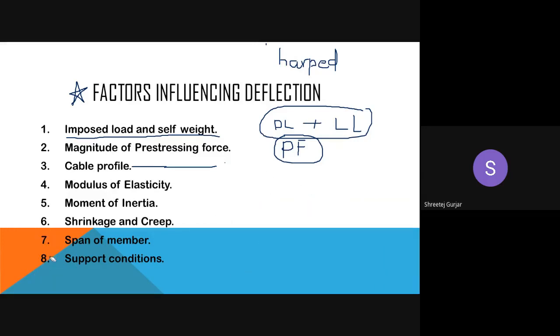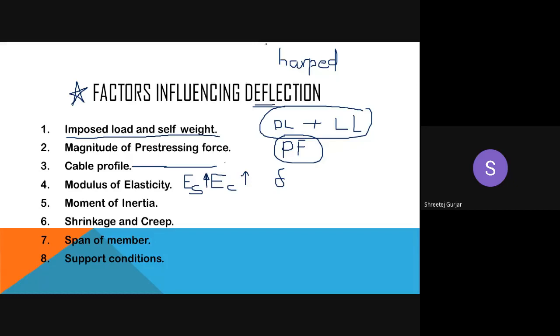So what is the next? Modulus of elasticity, very important. Modulus of elasticity, that is nothing but E. Okay, E of S, that is modulus of elasticity of steel, and modulus of elasticity of concrete. So depending upon that, your deflection will vary. When your modulus of elasticity is high, what will be the deflection? Is it directly proportional or is it inversely proportional?